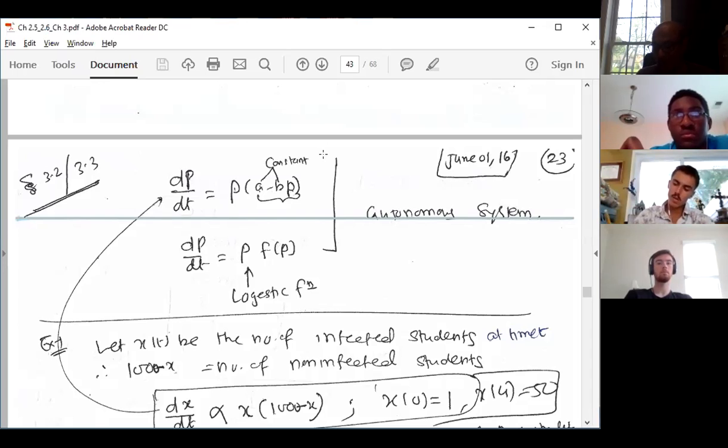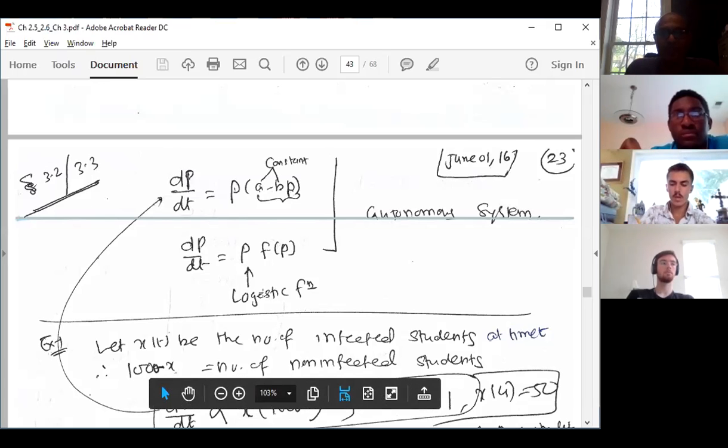We can take these precautions if we know what the situation will be in the next 10, 12 or 15 days. Same with coronavirus, right? What's going on right now. In that case also we can use the differential equation. Mainly this logistic function is used for this type of problem, epidemic spread.